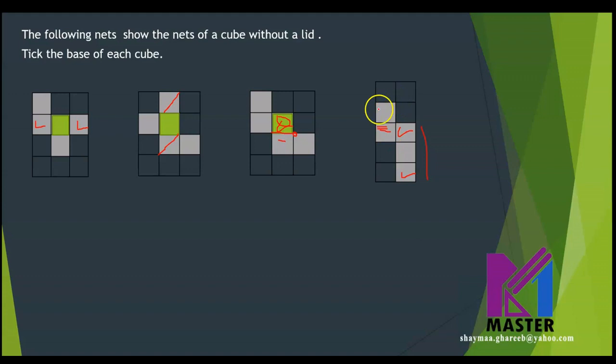Could it be opposite to the one up? No, because they meet at a side. Could it be opposite to this one here? No, because they meet at a point. Which means this face is the only face that has no opposite sides. Which means this will be the base of the cube without a lid.